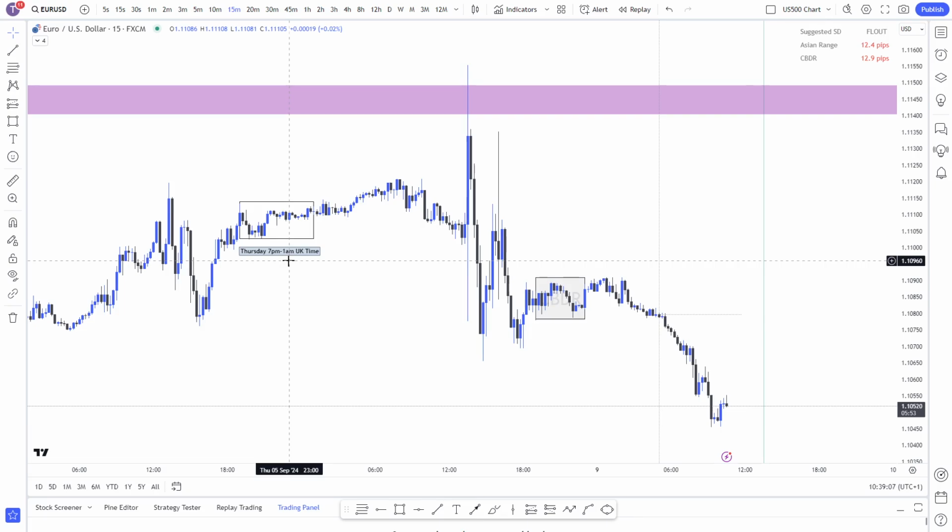Every single day, price action can be different. I need you to understand that not every day is going to be perfect, because some days are going to be slightly different. You need to be prepared for different price action to print, because the markets are not random as such.